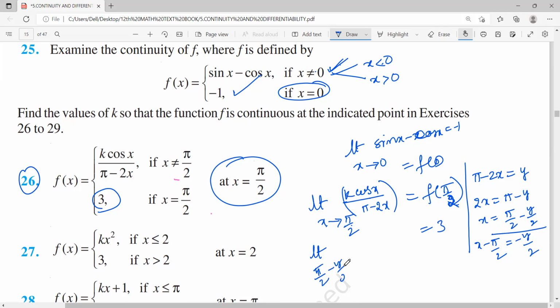Now k into cos x: cos of x means cos of pi by 2 minus y by 2. If you substitute, then it will be easy actually.